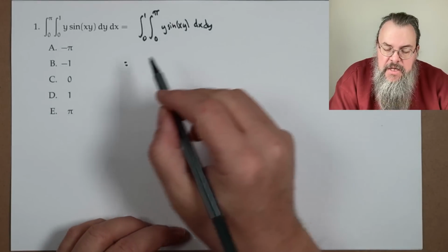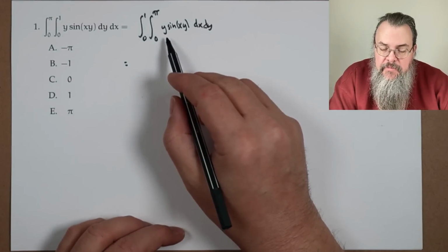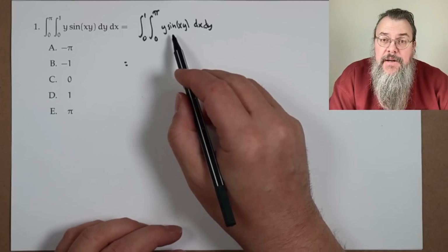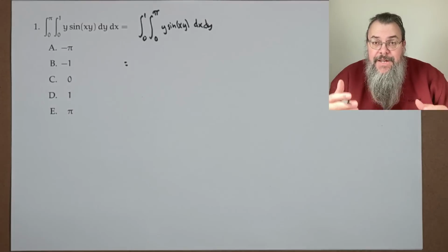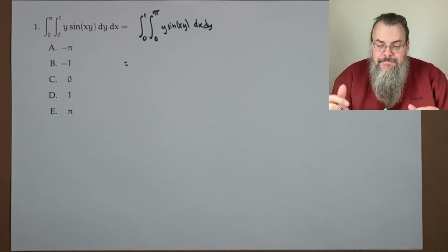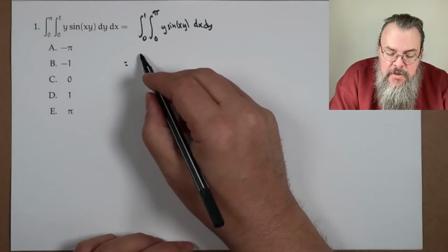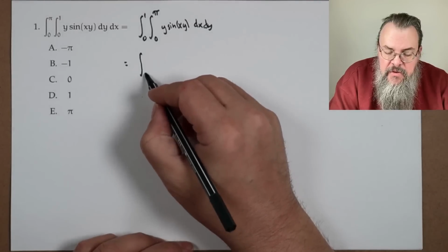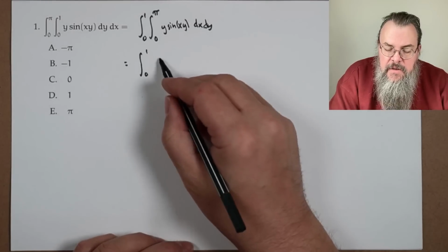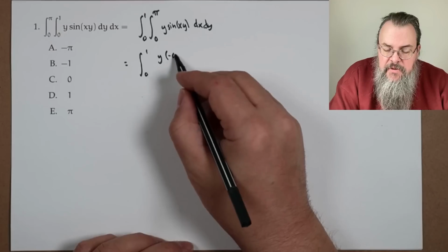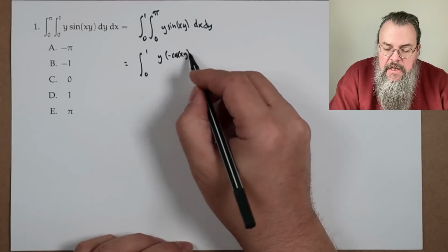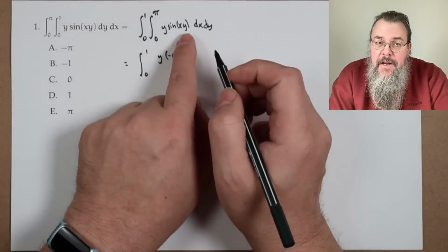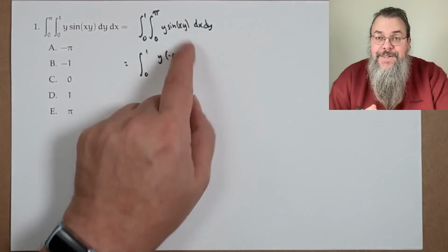And so when we integrate, y is treated like a constant. What's the antiderivative of sine? Negative cosine. All right. So this will be the integral 0 to 1 of y times negative cosine of xy, but I have to account for that constant on the inside.